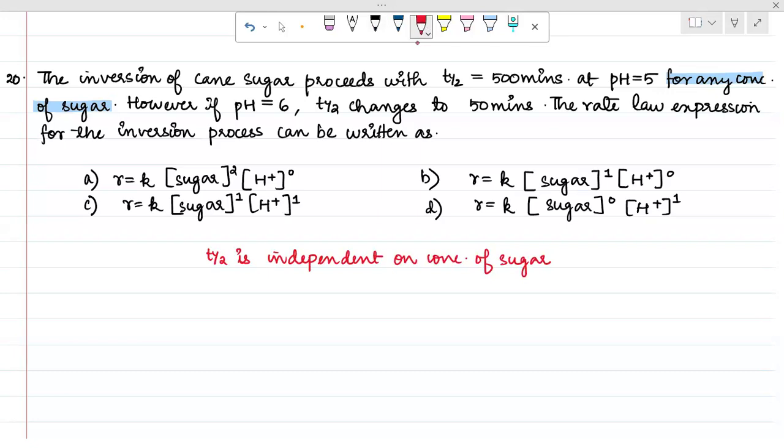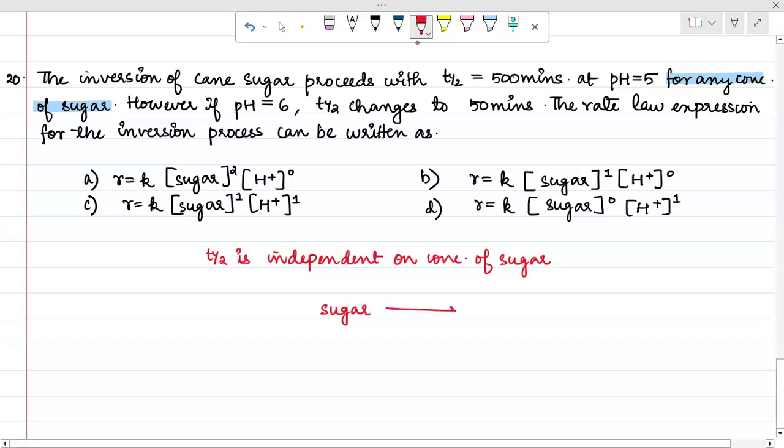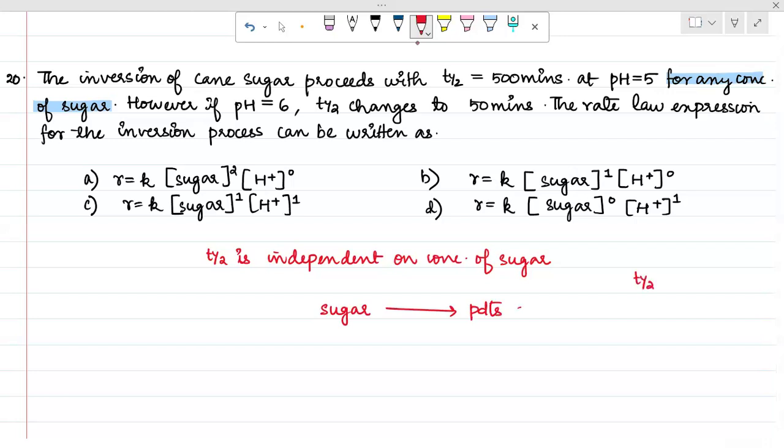Correct? Now we know which order reactions usually are independent of concentrations of the reactant. So what is the process over here? You have sugar, which is the reactant, reacts and it gives products, whatever it is. And it is given that the T half is independent of the concentration of sugar. We know that T half for a first order reaction is 0.693 by K, where it is independent of the concentration of the reactant. Correct?